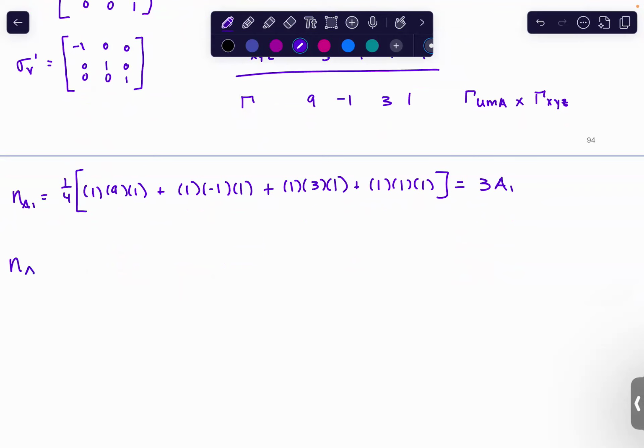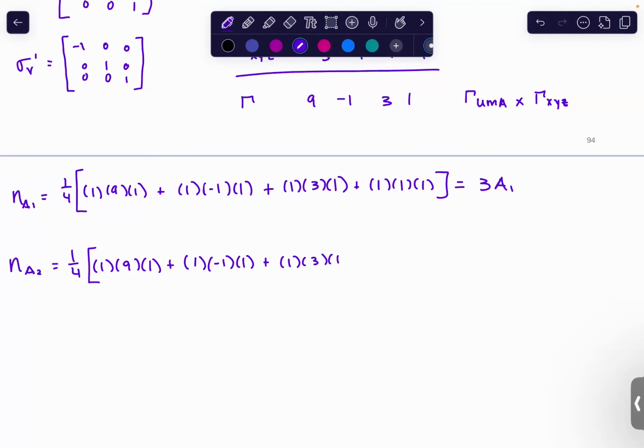Number of A2s. 1/4, 1, 9, 1. And again, if you ever need to back up and look at what we did before to go slower through this, you can, but you seem to be doing okay. -1, 1, 1, 3, 1.